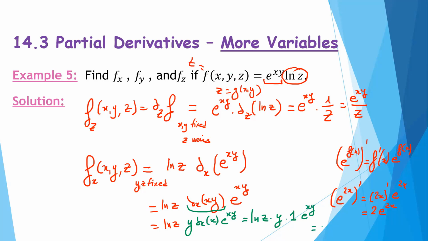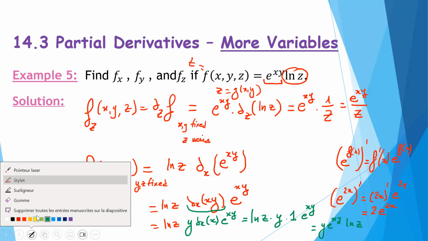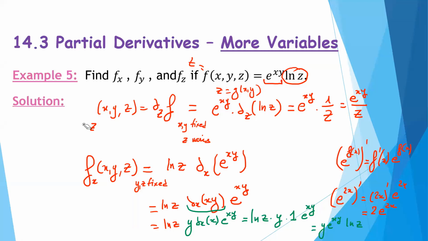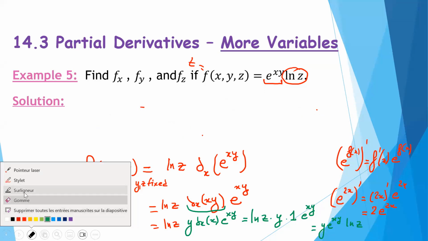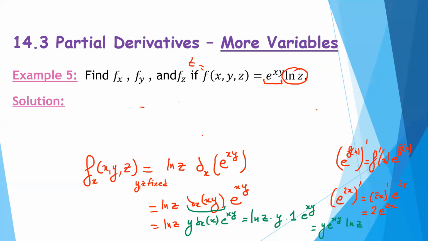Okay? y exy ln z. What is fy? It should be the same but with x. It will be the same because x and y are playing symmetric roles. So if you understand well, there is no need to do all the calculation.